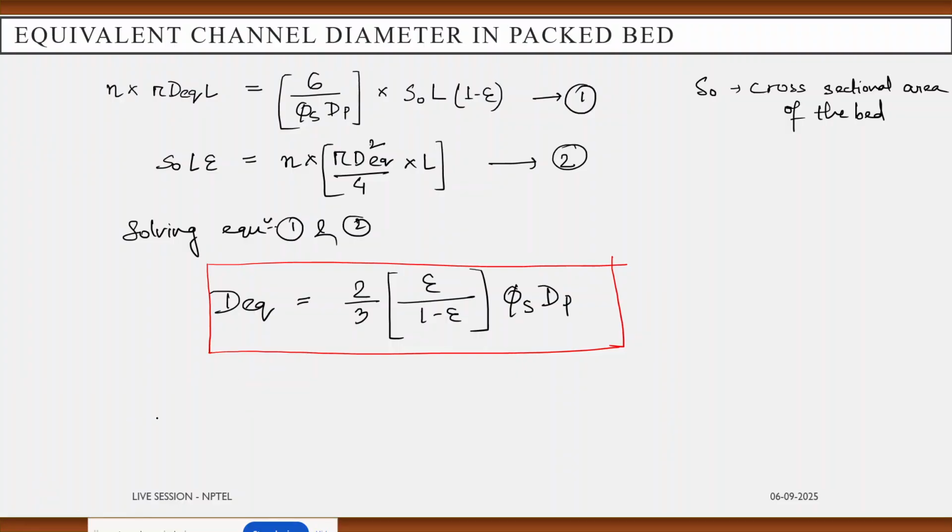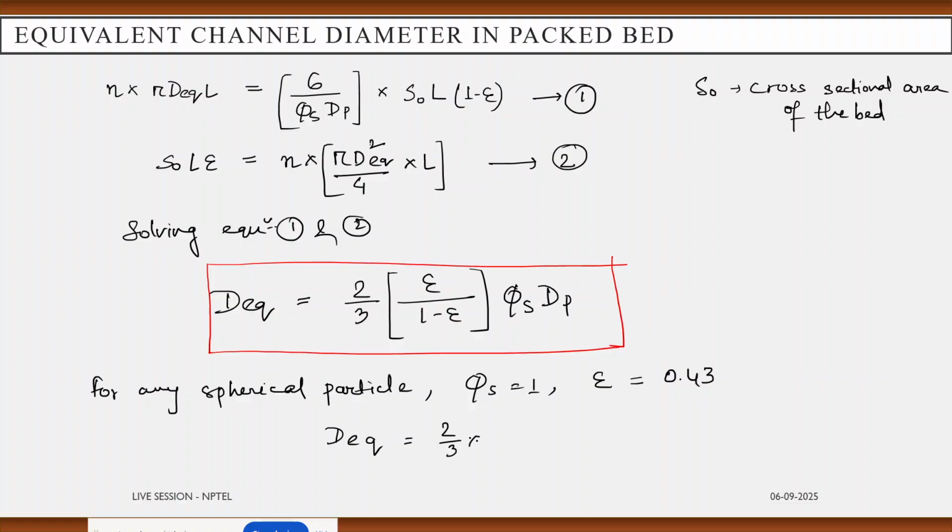Now, suppose for any spherical particle, this phi s will be 1, and through the literature, the porosity is around, suppose, 0.43, then the equivalent diameter will be 2 by 3 into 0.43 by 1 minus 0.43 into dp, which is nothing but 0.503 dp.